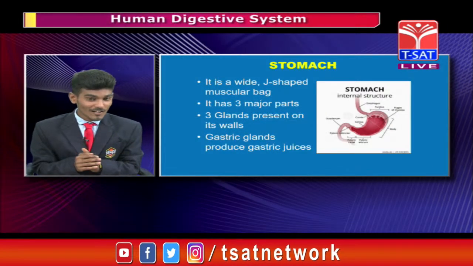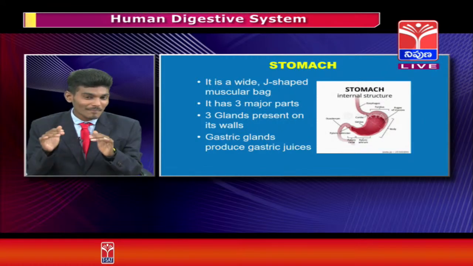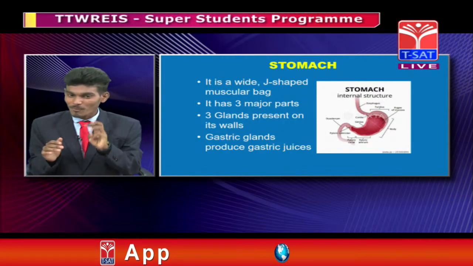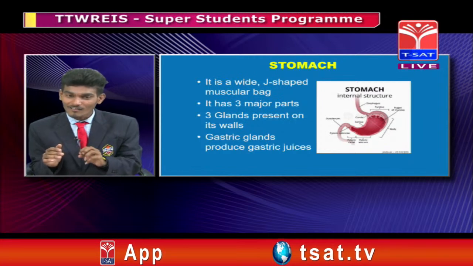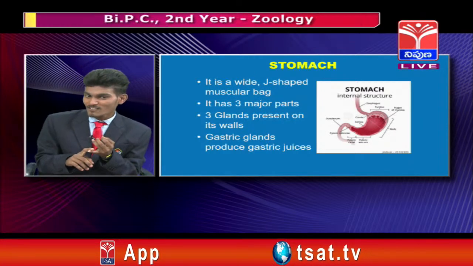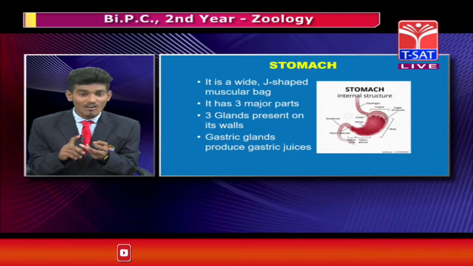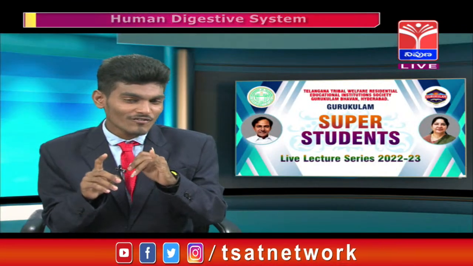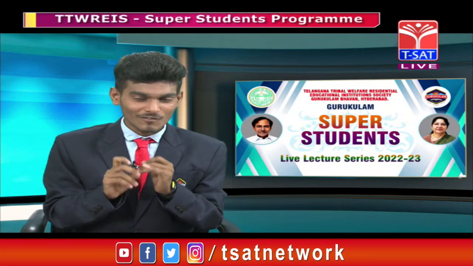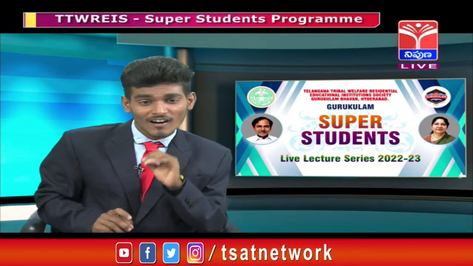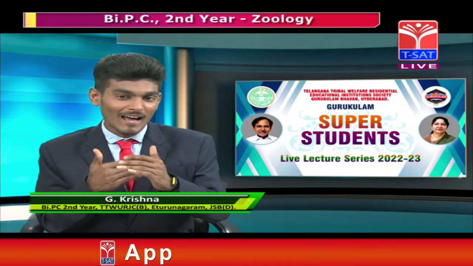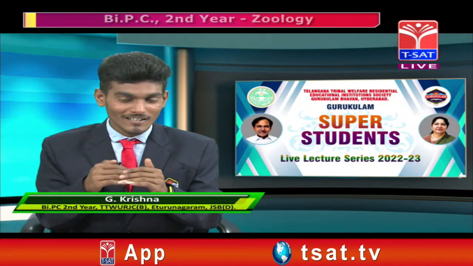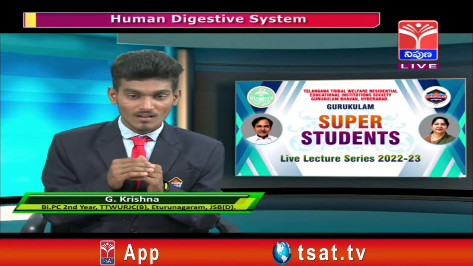How many parts are present in the stomach? Three major parts. They are the cardiac portion, the fundic portion, and the pyloric portion. Go through the first part, the cardiac portion. The cardiac portion is the anterior part of the stomach.